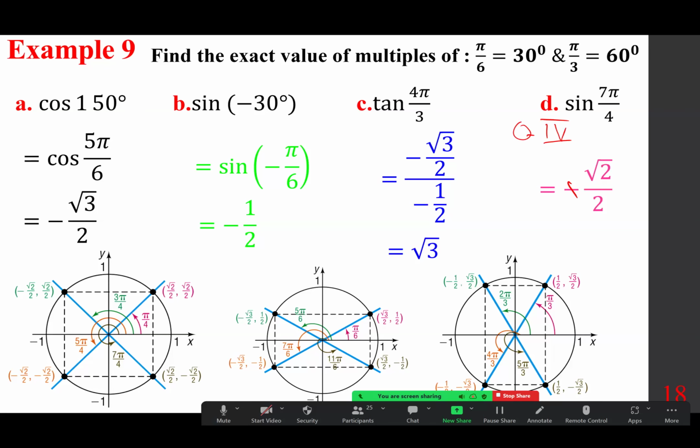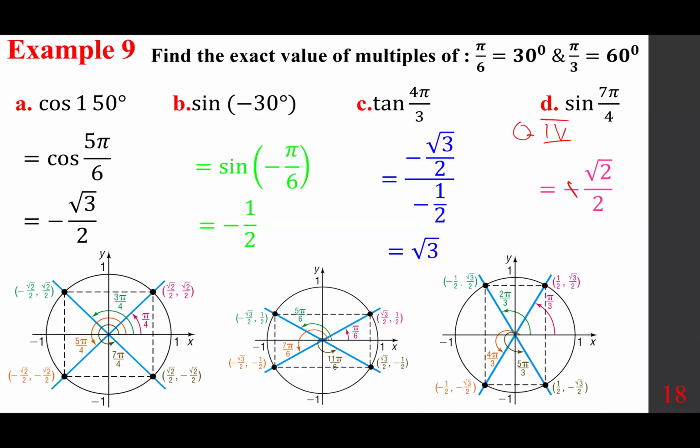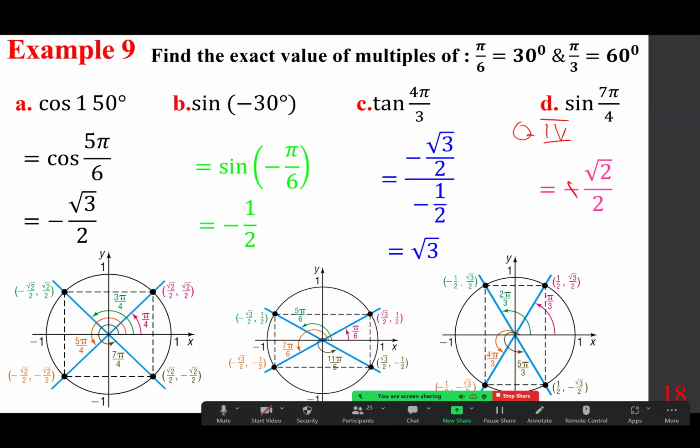It's the same as pi over 4 and minus. Yeah, I put minus. That's right. I'm confusing everybody. My apologies. Because sine is the second one. All right.